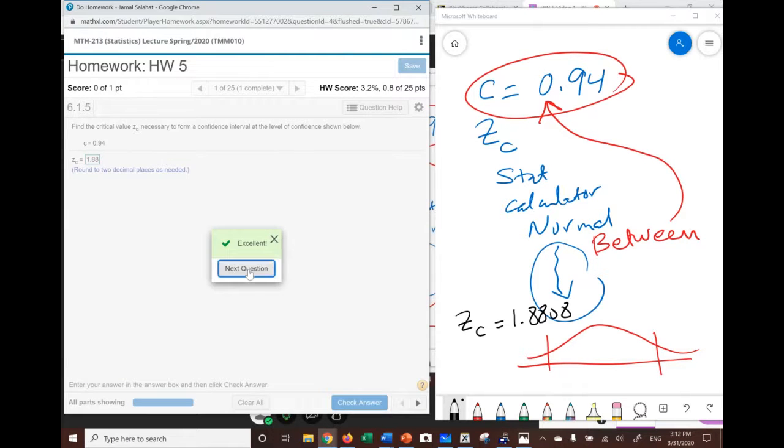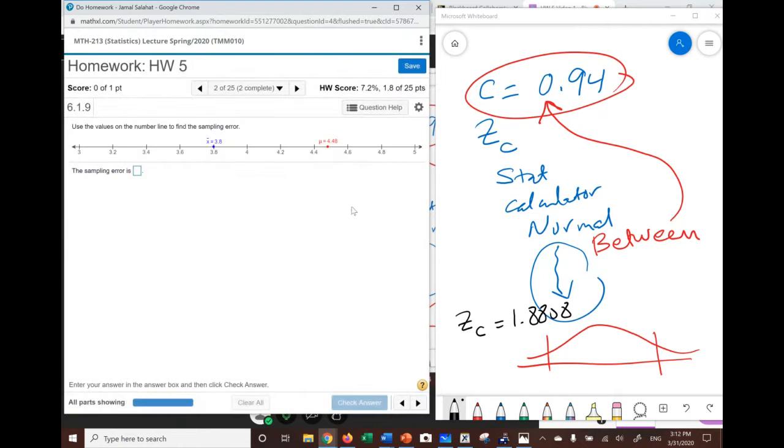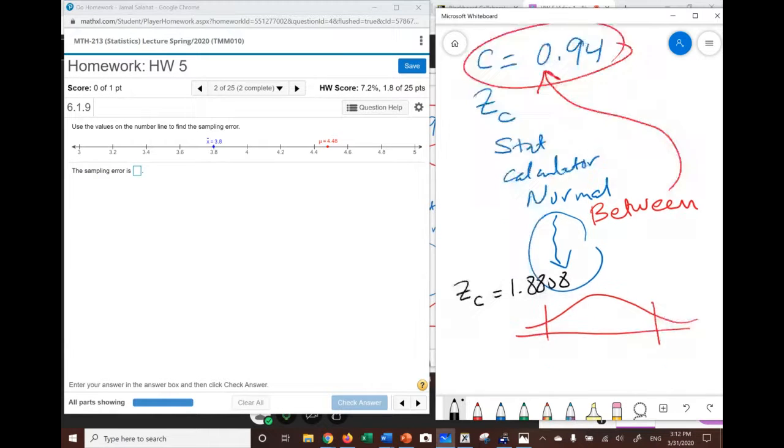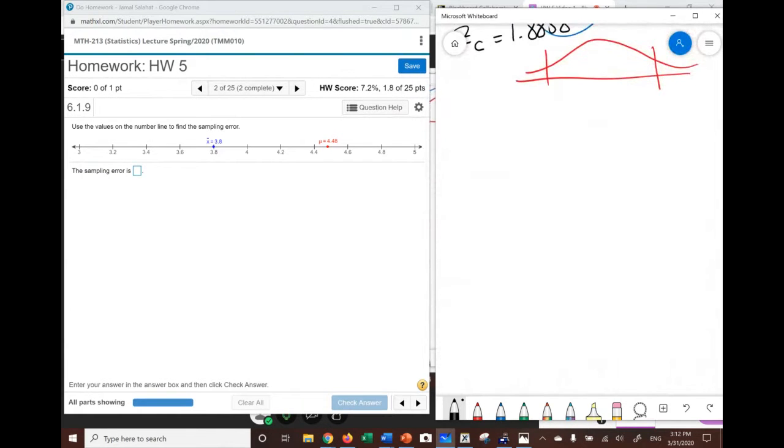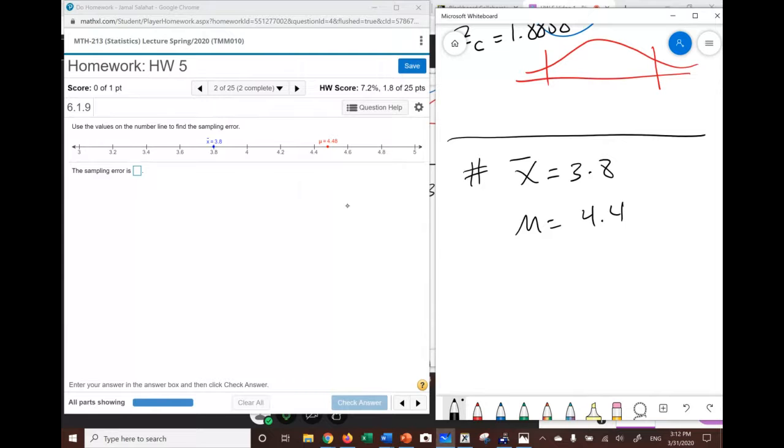Now, let's go to the next question. In number 2, they gave us 2 values: the sample mean, which is equal to 3.8, and the population mean, which in this case is 4.48.